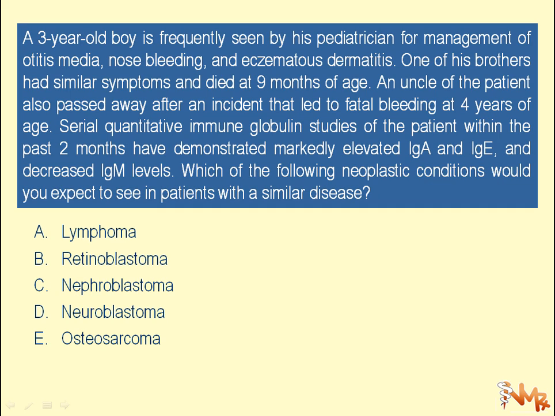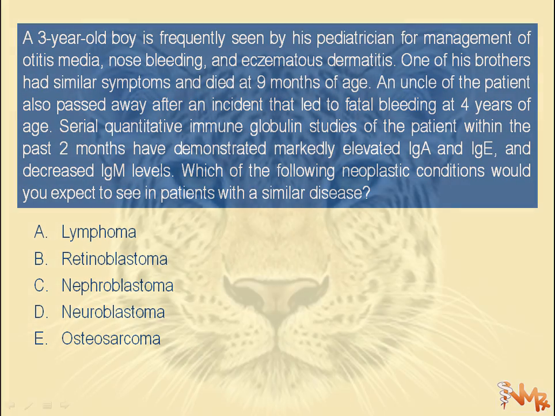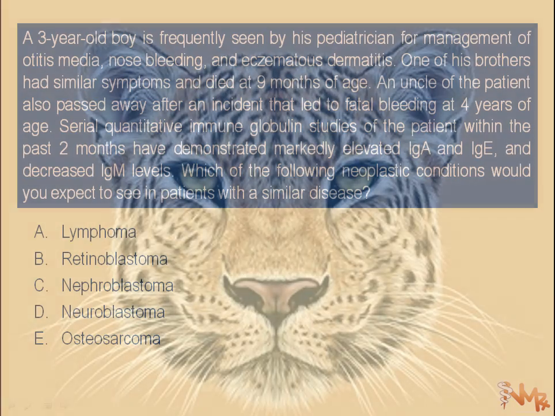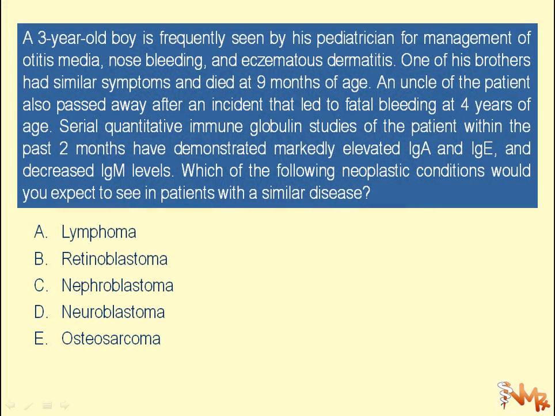From the history, you know that we are dealing with an X-linked condition associated with multiple infections, bleeding, and eczematous dermatitis, in addition to elevated IgA, IgE, and decreased IgM levels. This is a very good case scenario for Wiskott-Aldrich syndrome.